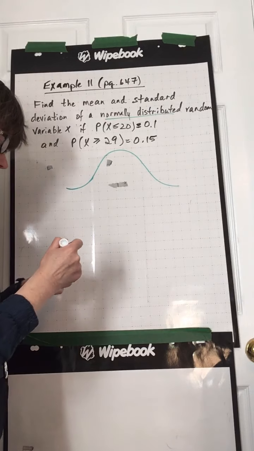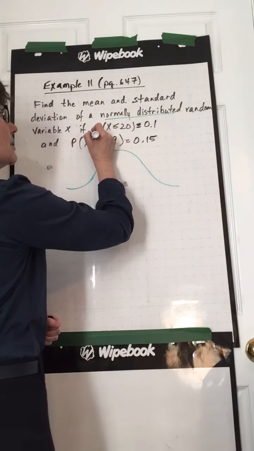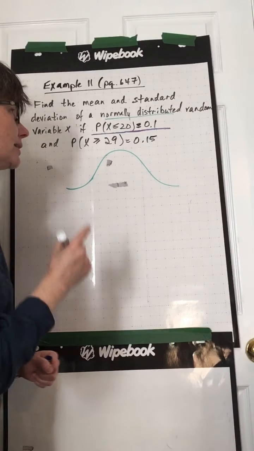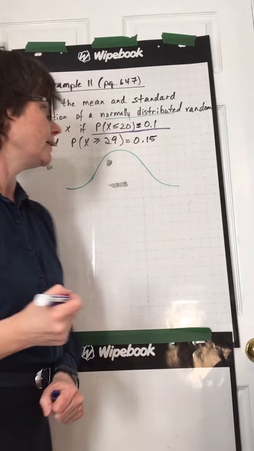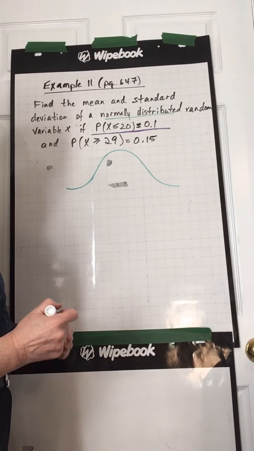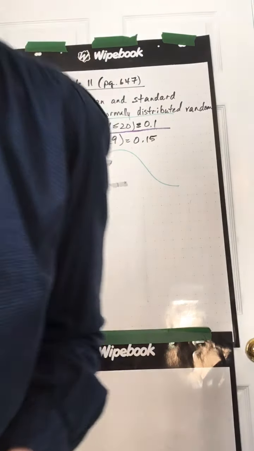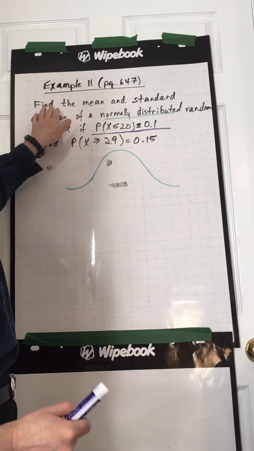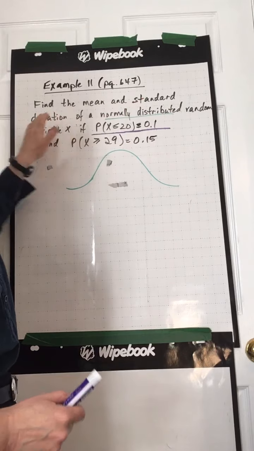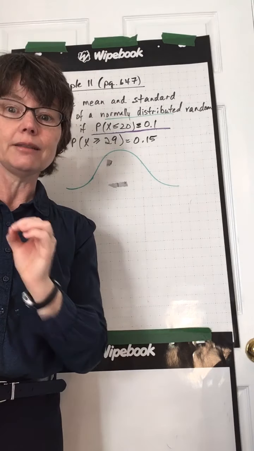All right, let's deal with the first statement first, which is this: probability that x is less than or equal to 20 is 0.1. Find the mean and standard deviation. So we don't know either of them.